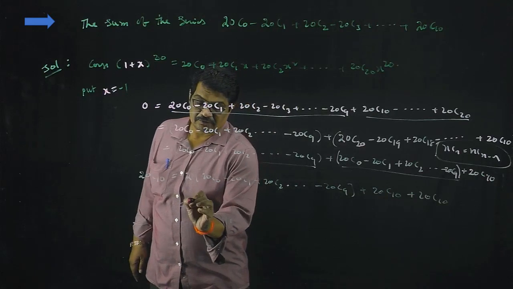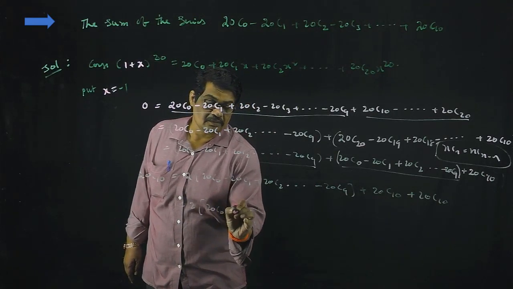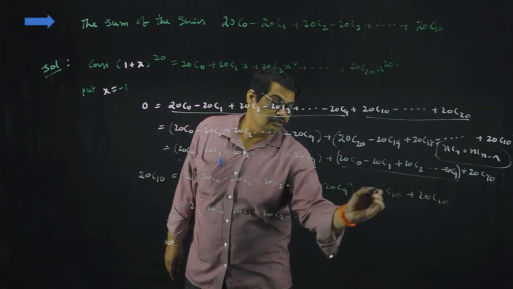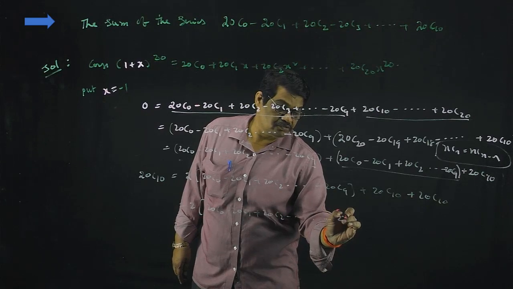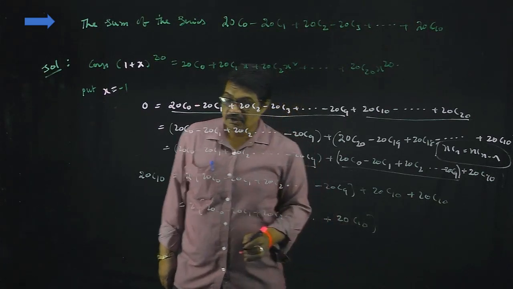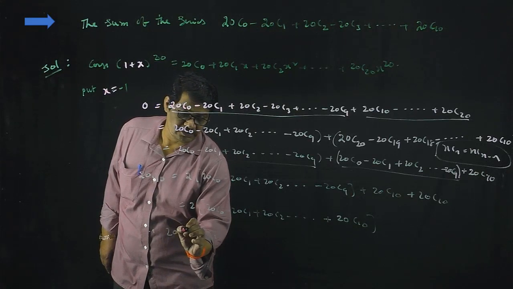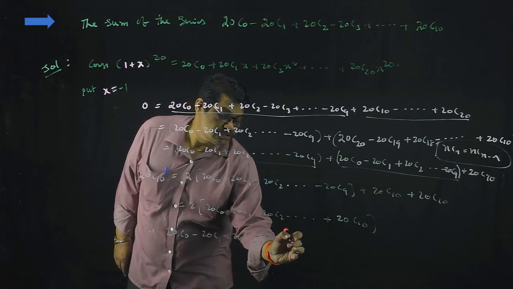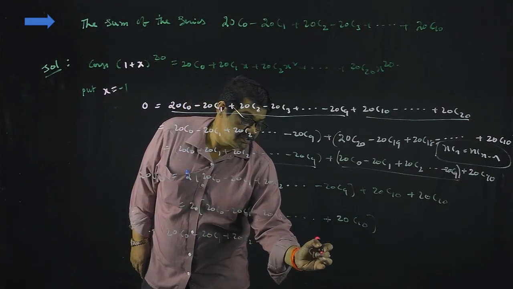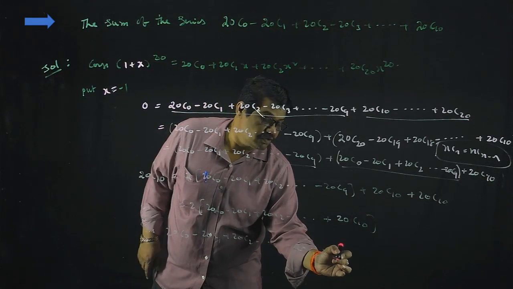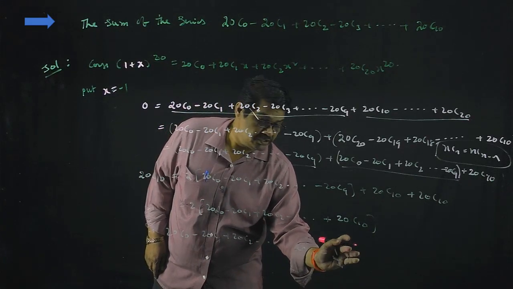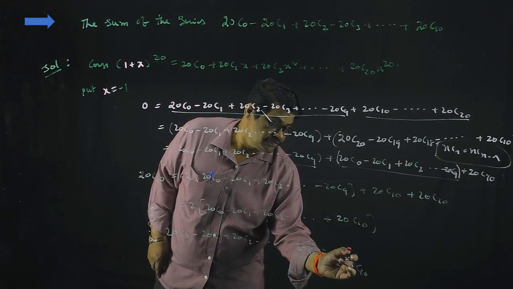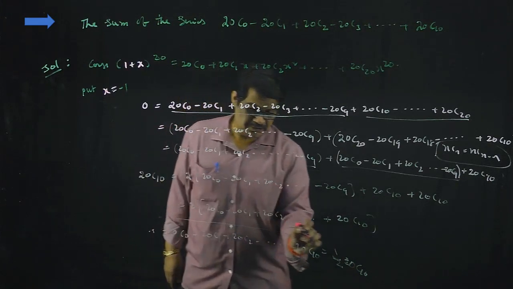Now from this we get 2 times of 20C0 minus 20C1 plus 20C2 and so on plus 20C20, that is 2 times of 20C10. Now we write the required series: 20C0 minus 20C1 plus 20C2 and so on up to 20C10 is equal to, this 2 going to this side, 1 by 2 into 20C10.